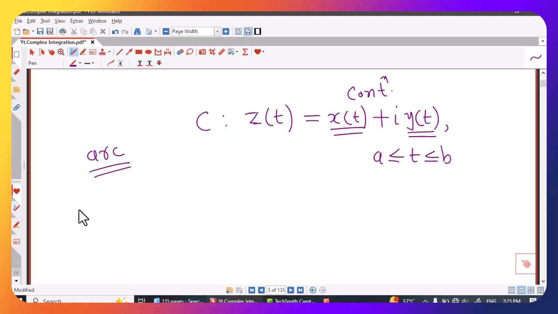Now if there is no sharp corner in the given curve, for example, if we consider this curve in the complex plane, then there is no sharp corner in this curve. So that type of curve is known as a smooth curve.